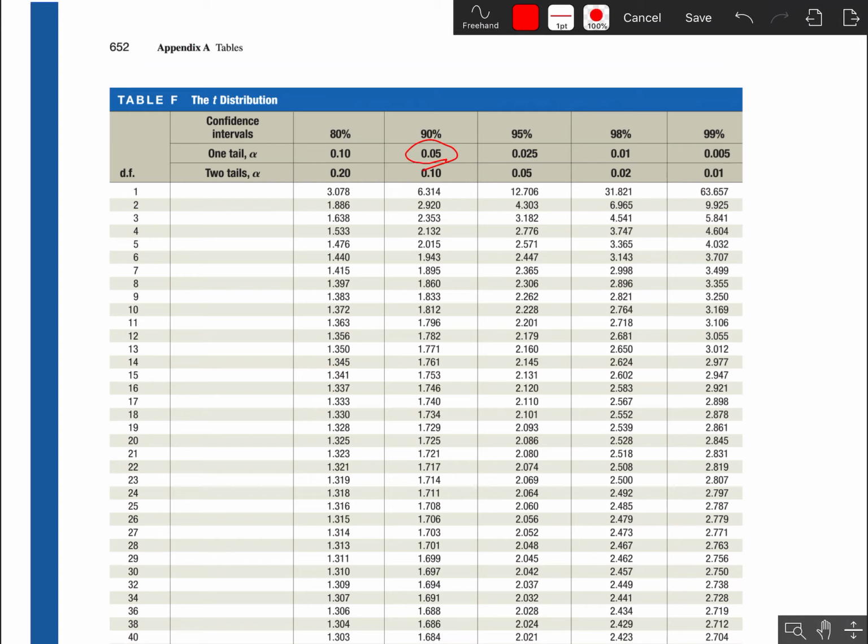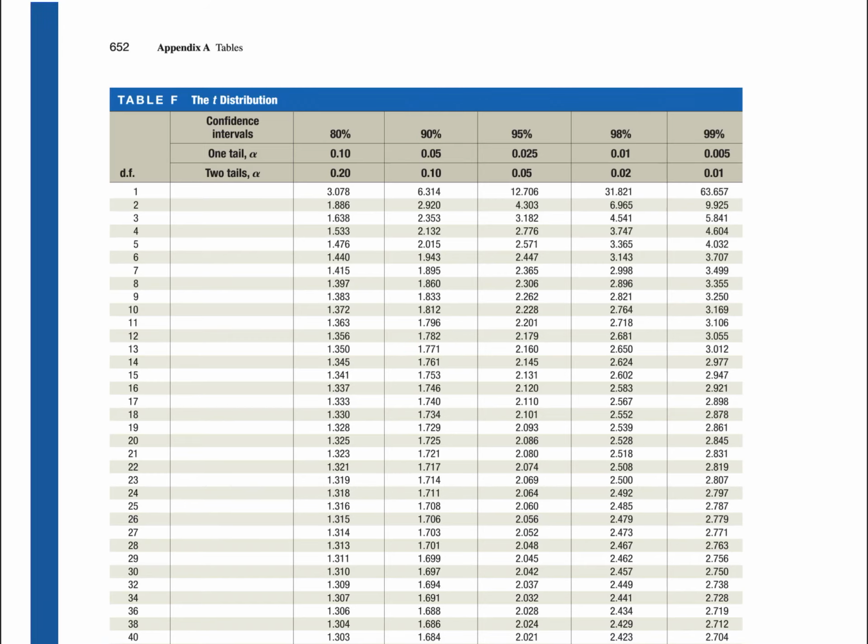But in order to decide the appropriate t-value, we have to also plug in the number of degrees of freedom that we have. So in this problem, we were told that the number of degrees of freedom is 13. So I plug in the number of degrees of freedom, which is 13, and then I find the appropriate area that I want, which is 0.05, and then the intersection of those will tell me the t-value that I'm looking for. So in this part, the t-value will be 1.771.